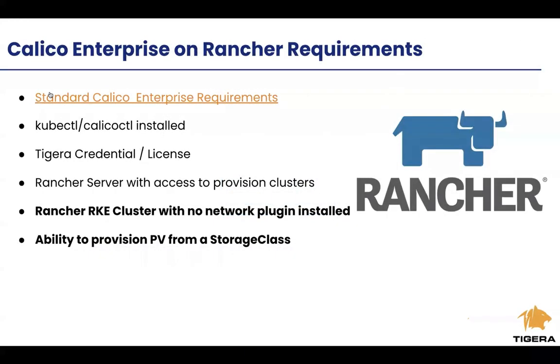So just wanted to highlight something before I do a quick note around how to get started with Calico on Rancher, and I'll describe the two key differences whether you're running Calico open source or enterprise.